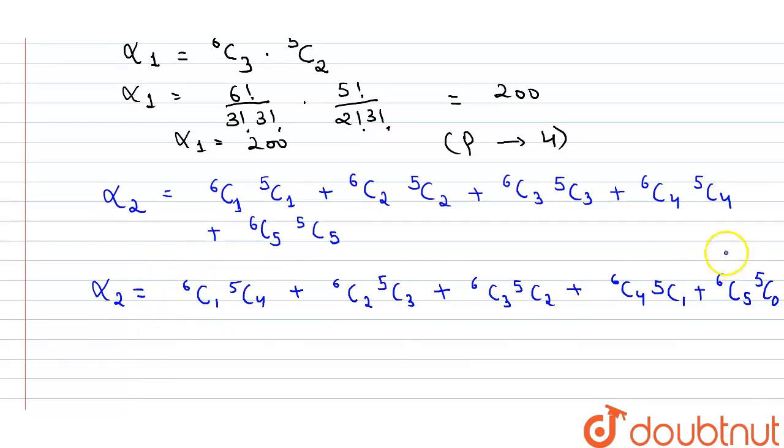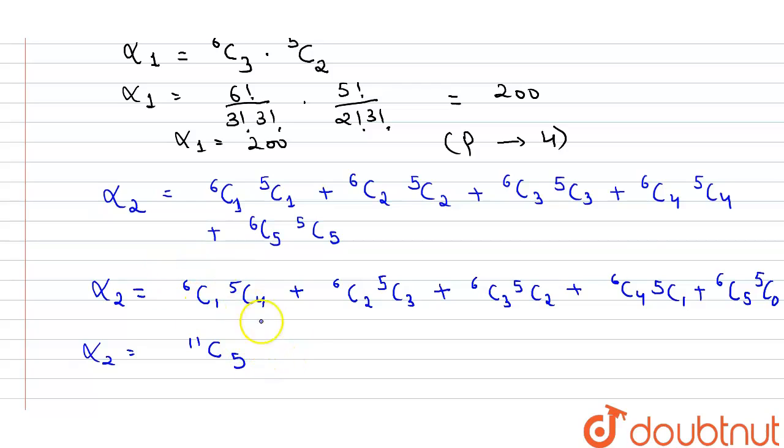Now this form will become the summation form. Product of the summation form, here you can see 1, 4, 2, 3, 3, 2, 4, 1. The sum of the lower parts is 5 and the sum of the upper parts is 11. So we can write it as 11C5.